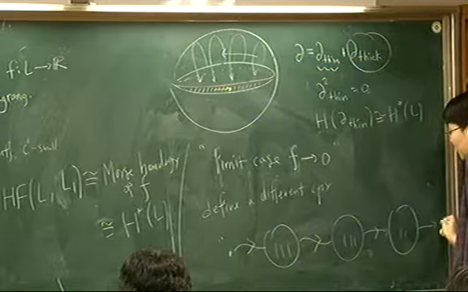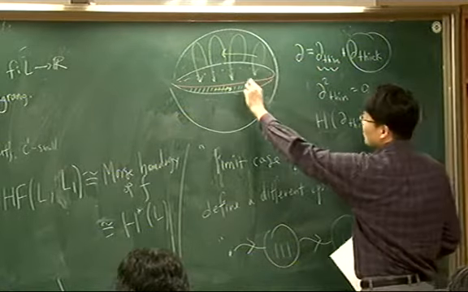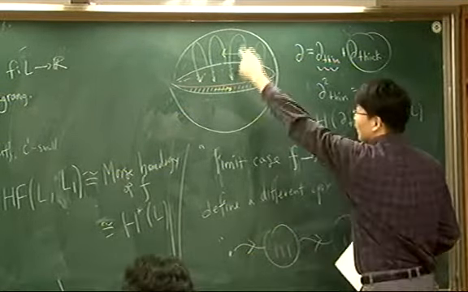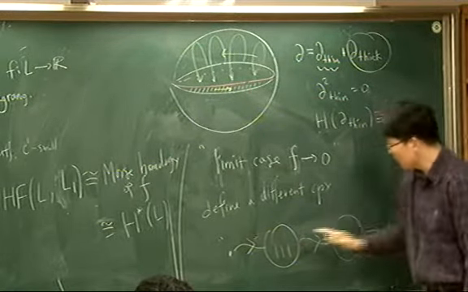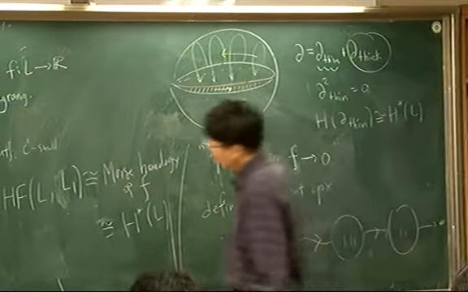So from this picture, the thin ones go to gradient flows, the thick ones go to holomorphic disks, and so on. So this is some heuristic idea.